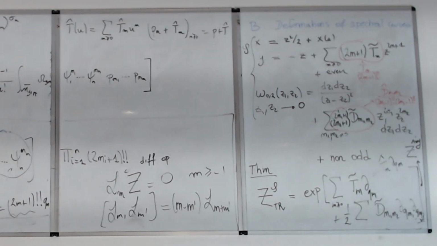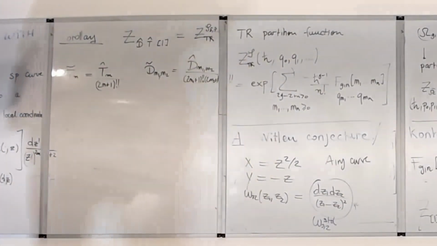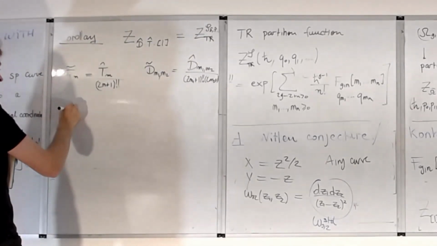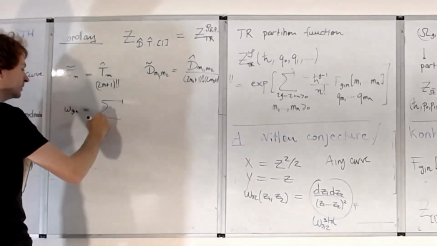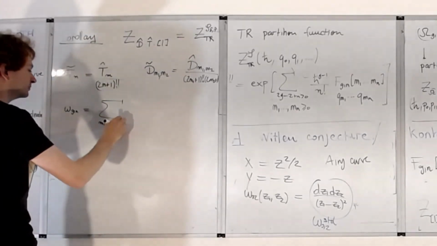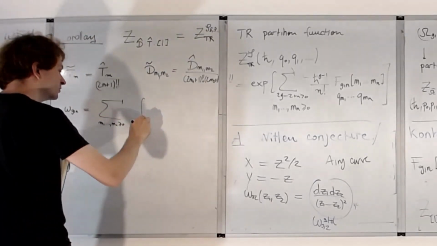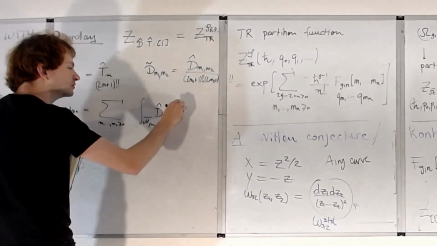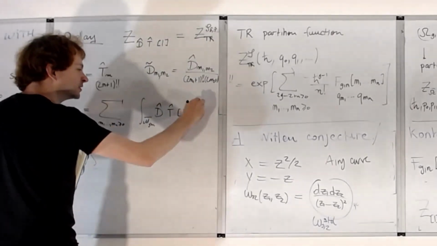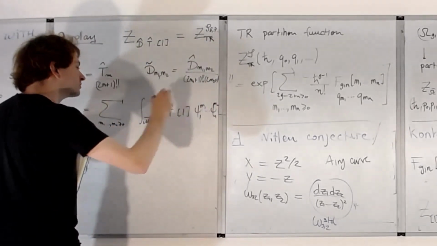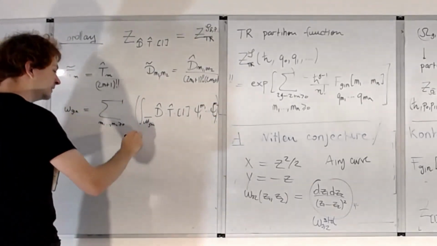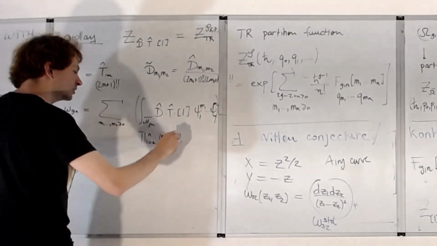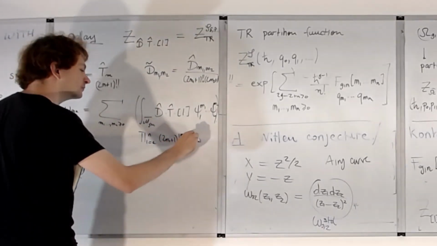Okay. And so then I can rewrite a bit differently if I want: the omega g n are going to be the sum of these integrals of the class, times psi classes, and then this (2 m i plus 1) double factorial eta m i, g i.